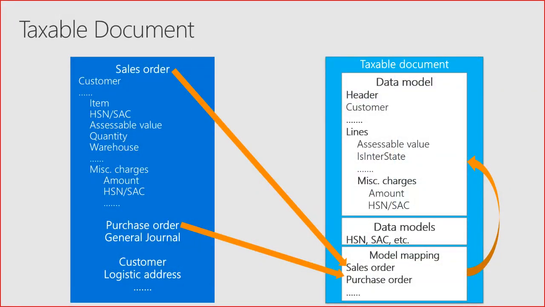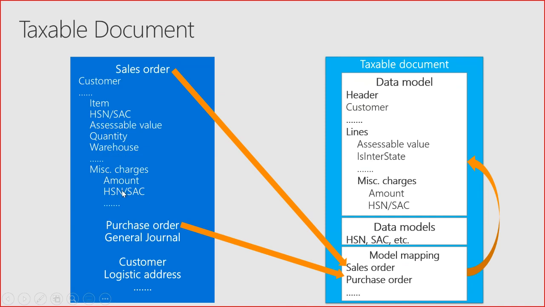So this one is for me to further explain the concept to you. As I said, for sales order, right? We have customer, we have item, we have in the header customer and several other fields which actually are not relevant to tax. And we have item in India, we have HSN, SAC, we have accessible value, we have quantity, warehouse.